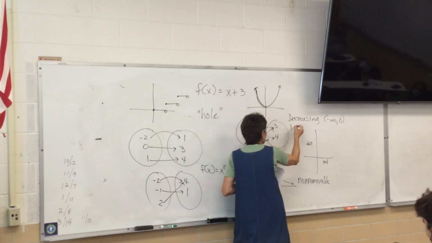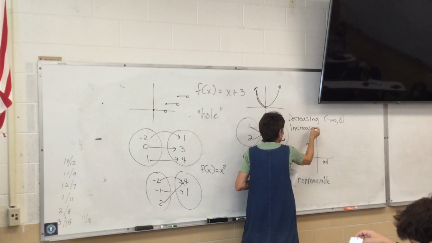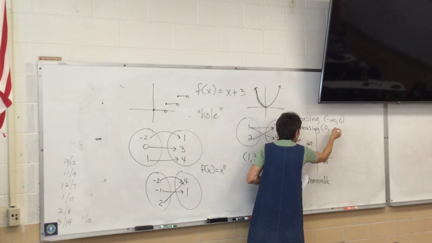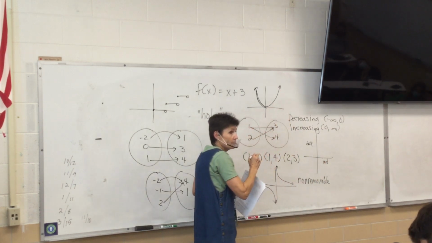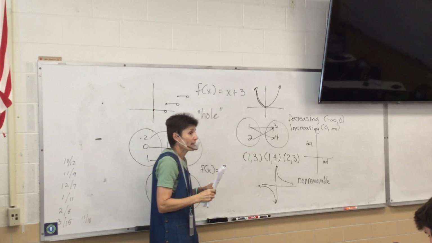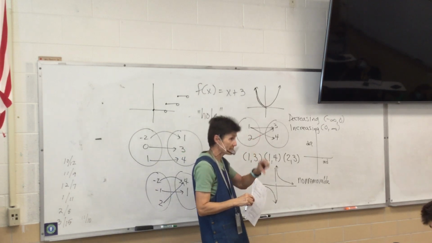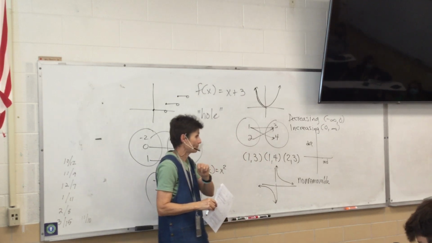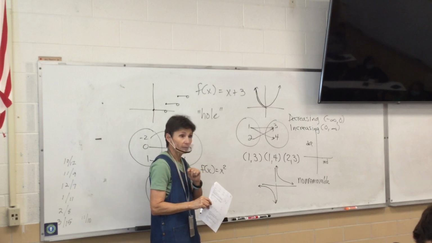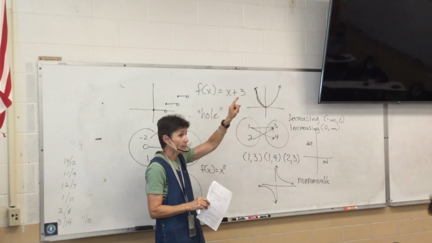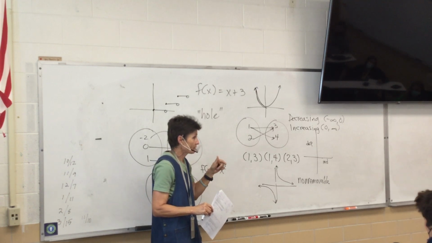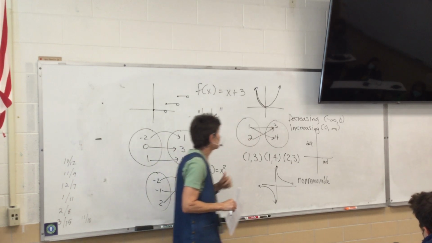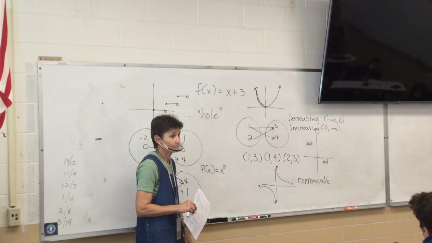But then I am increasing on the interval from 0 to infinity. Most curves have increasing intervals and decreasing intervals. They're going up and down. Now lines are either always going up or always going down. But most things with other exponents are some of both.